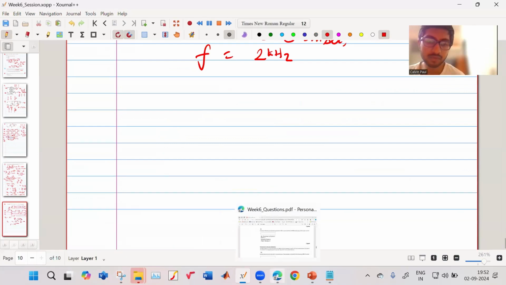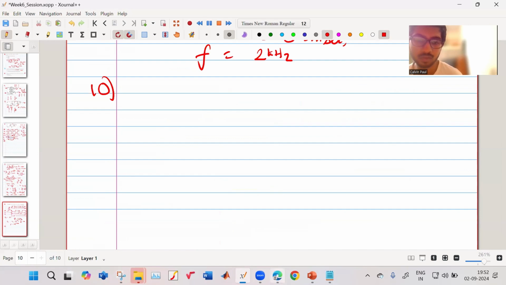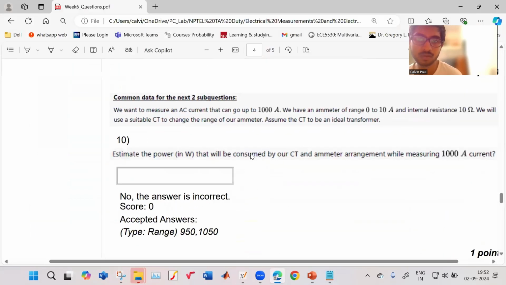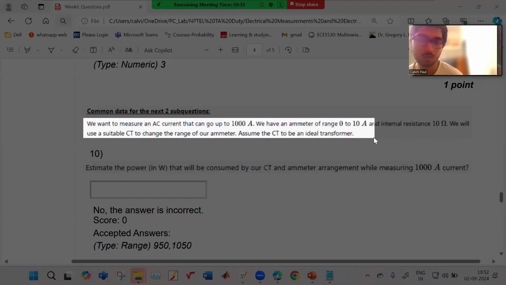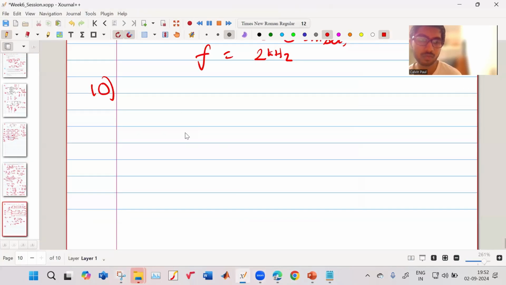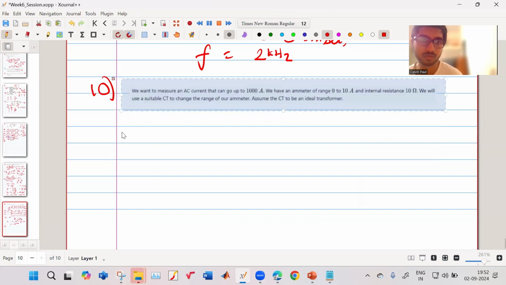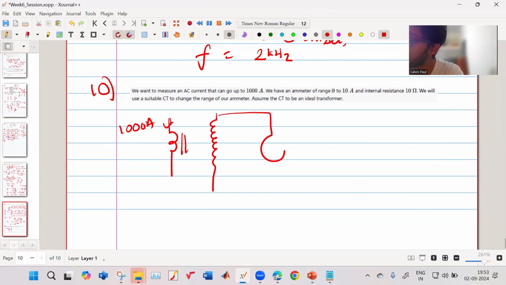Okay. So we will go to the last question. We have a CT carrying 1000 ampere, and there's an ammeter in the range of 0 to 10 ampere.